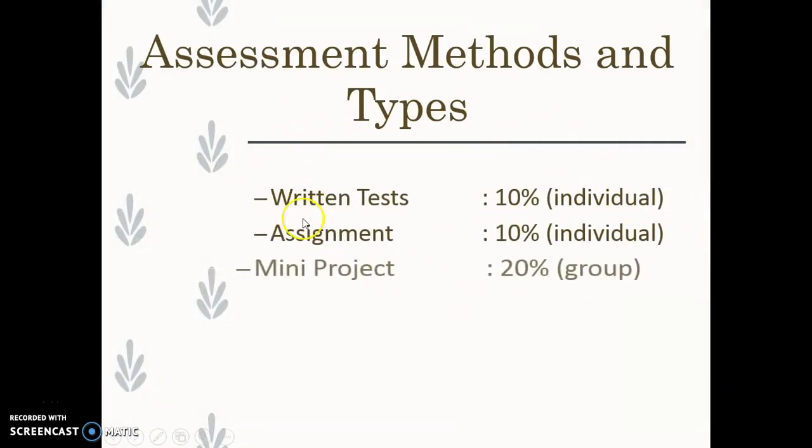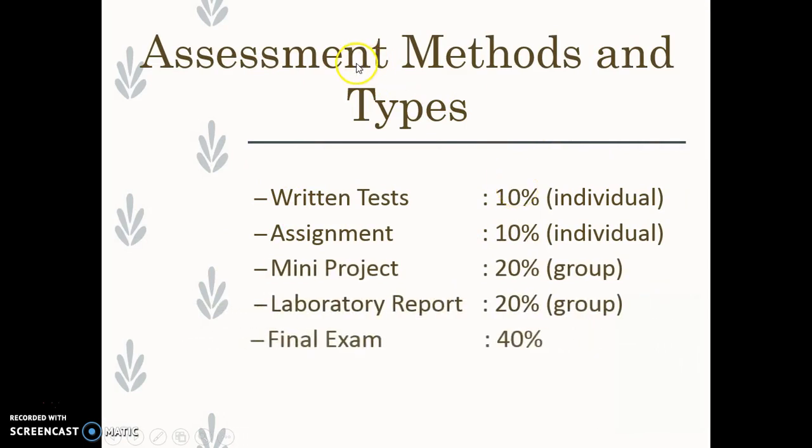Throughout this subject, these are your assessment methods and types. You will have two written tests, test 1 and test 2, which is equivalent to 10%, and it is an individual test. Test 1 is equivalent to 5% and test 2 is also 5%. For the assignment, it is an individual assignment, and you will only have one, equivalent to 10%.